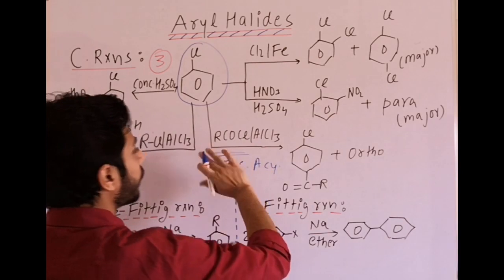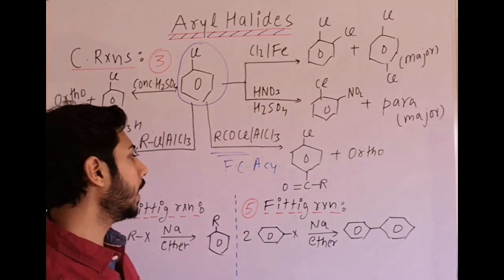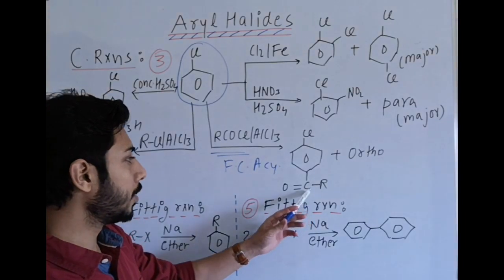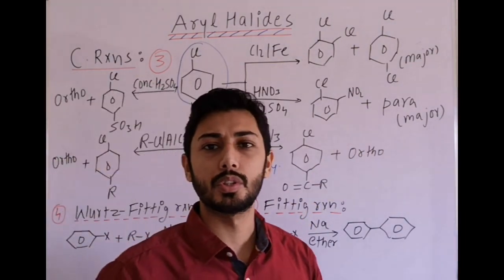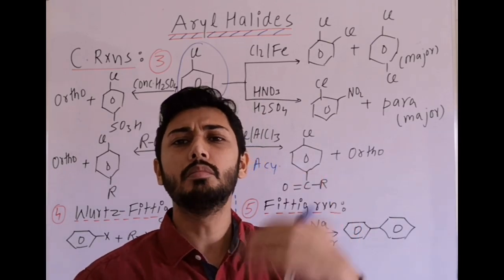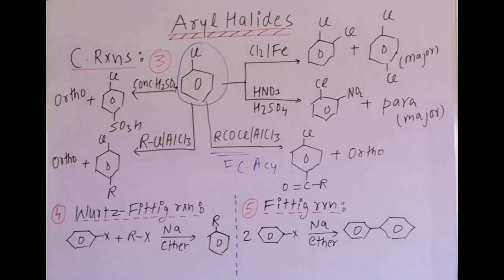In acylation, Cl minus leaves, the acylium ion is formed, and that acylium ion acts as an electrophile. Substitution takes place at para position and at ortho position. These are some electrophilic aromatic substitution reactions of halobenzene.